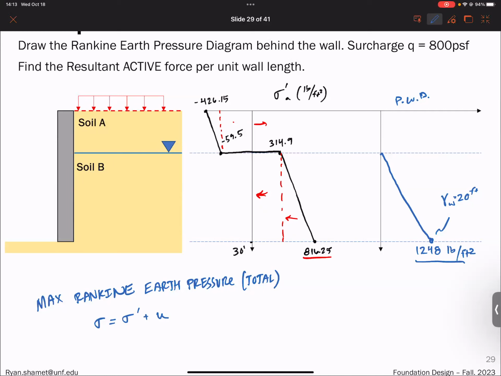So we could add this back in to find the total max stress instead. This would be Z equals 30, and that would be 2064.25.